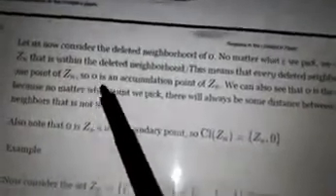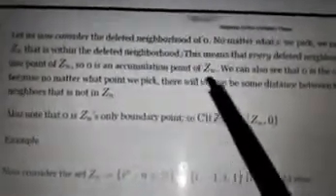So let us consider the deleted neighborhood of 0. No matter what radius we pick, we can always find an element of Zn within the deleted neighborhood. This means that every deleted neighborhood of 0 contains at least one point of Zn. So 0 is an accumulation point of Zn.